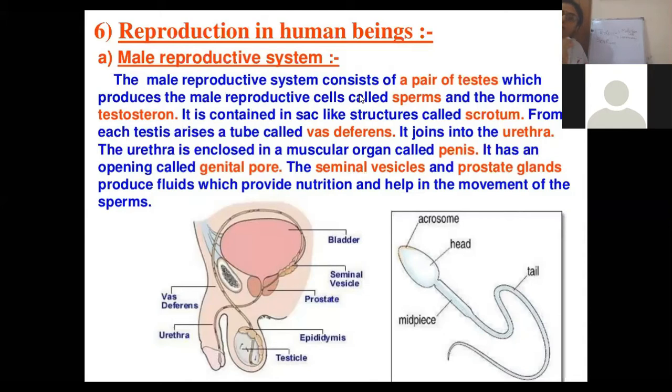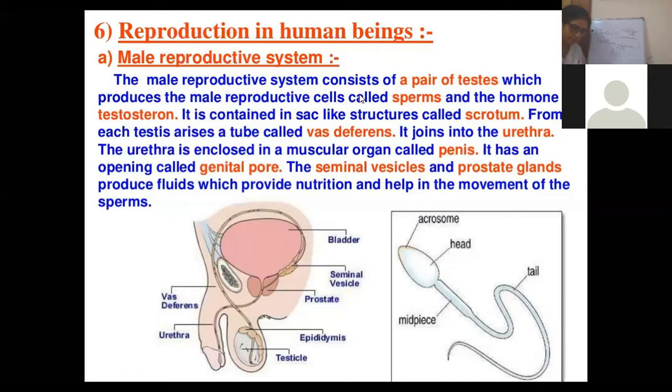The reason the scrotum lies outside the abdominal cavity is that sperm production requires a temperature 2 to 2.5 degrees Celsius less than the normal body temperature. So that is why the scrotum lies outside the abdominal cavity.